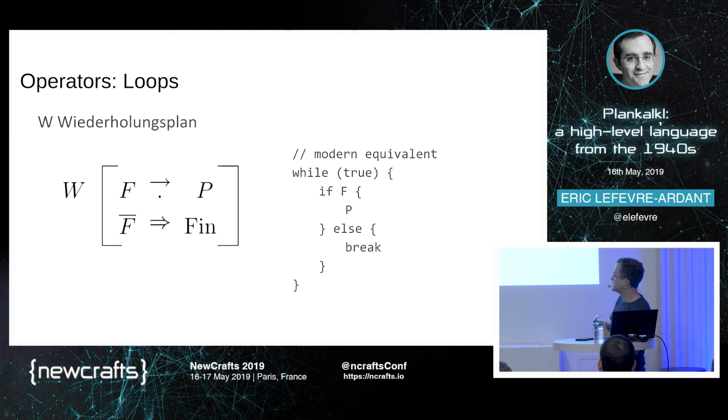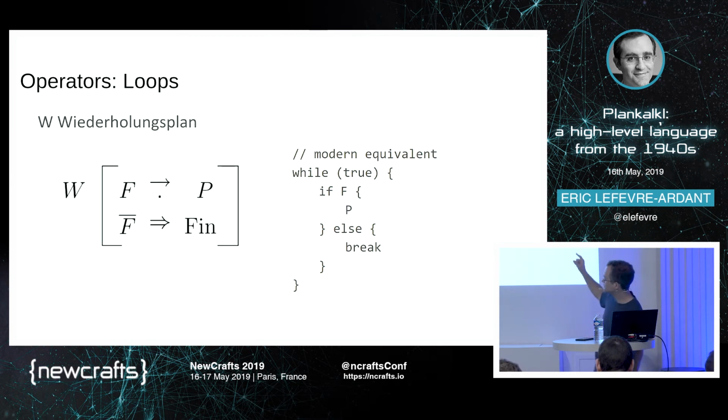And the special keyword for exiting a loop is fin, which is not the French word for end. It is actually coming from Latin. Turns out it's the same word. All right, and you would have any number of them, right? Not just one, except that you would have to evaluate them all the time.